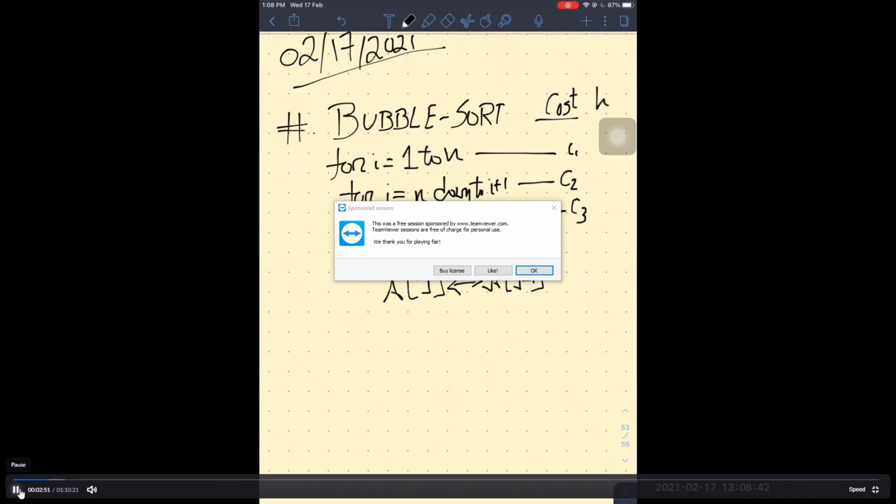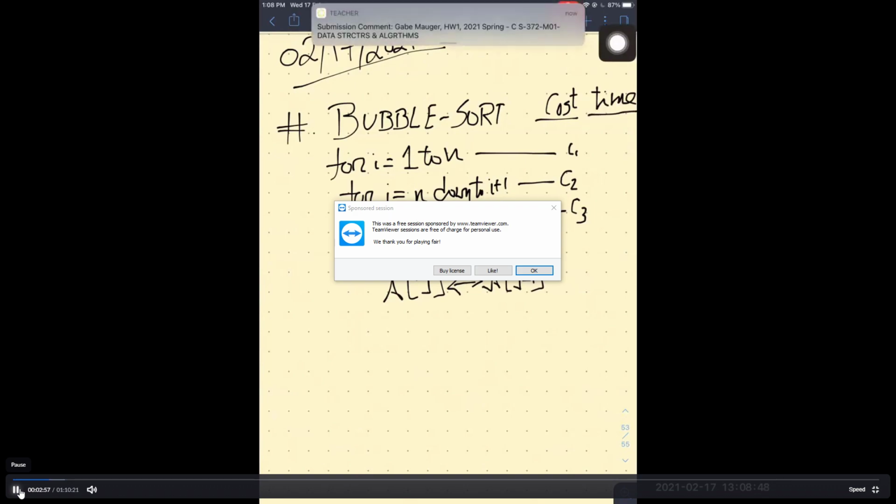Then the runtime for each of the lines: the first one will be n plus 1. Do you get why it is n plus 1? Any confusion, guys? Can anyone explain how it is n plus 1?